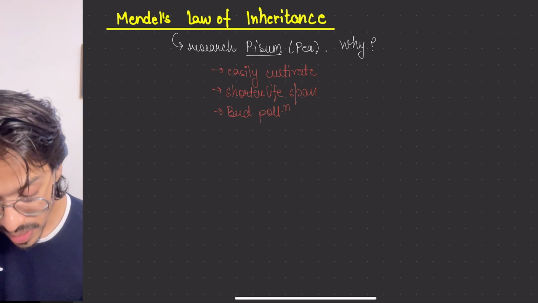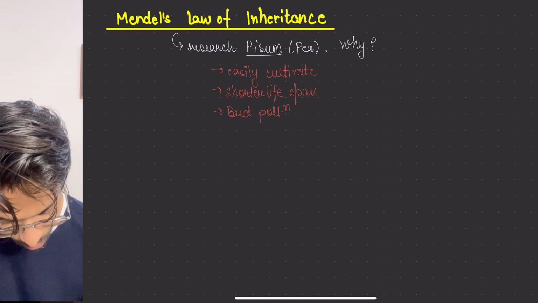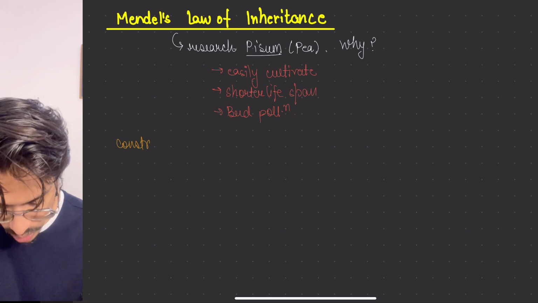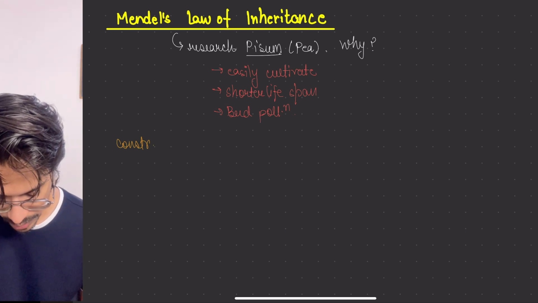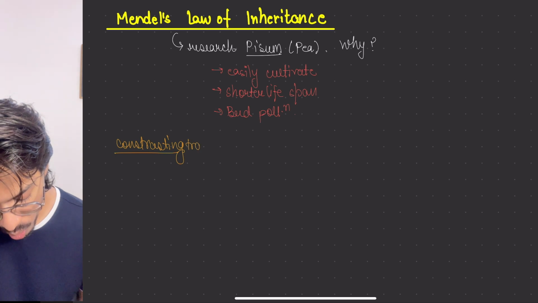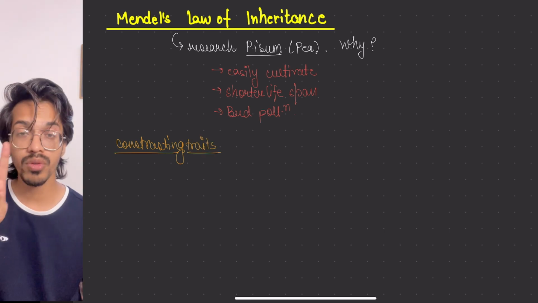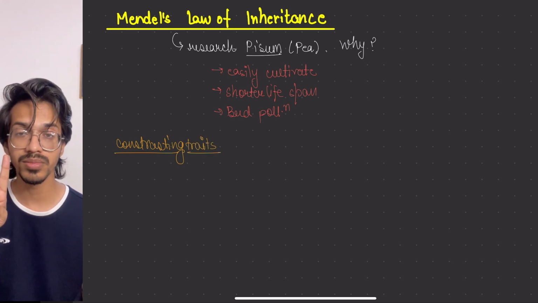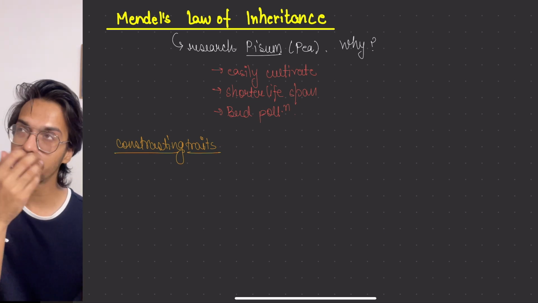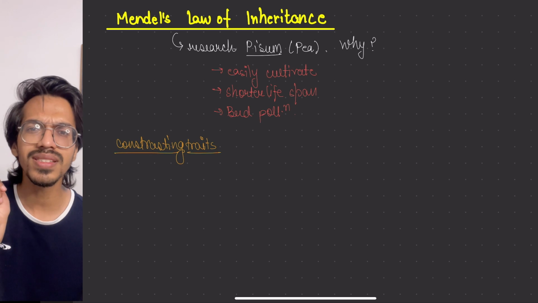First of all, the contrasting characters that you have to remember. Total 7 different traits were there, present on 4 different chromosomes. Someone may ask that if they are on 4 chromosomes, some features must be on the same chromosome.